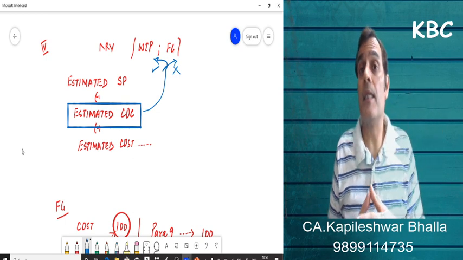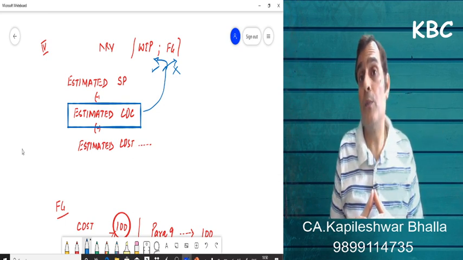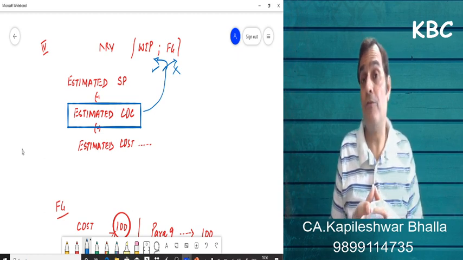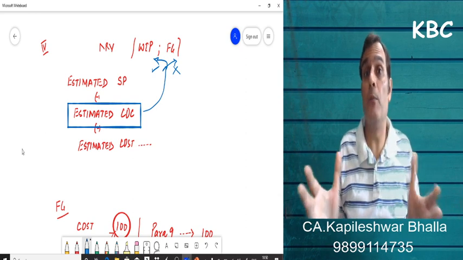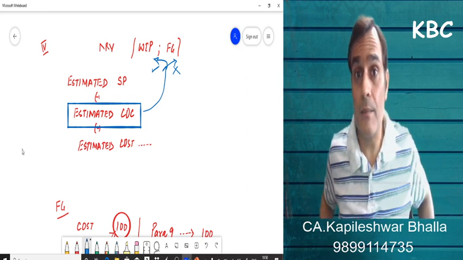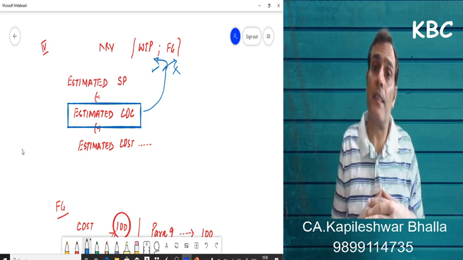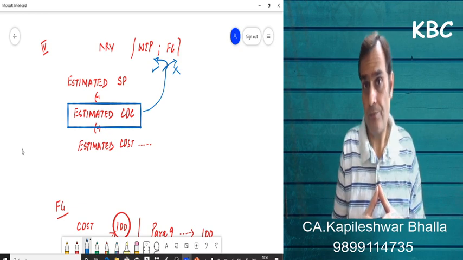The estimated selling price is always for the FG, whether you're taking NRV for WIP or FG. I know many students at times tend to get confused, and they believe that when you're taking the NRV of WIP, we need to consider the estimated selling price of WIP. Well, there cannot be an estimated selling price of WIP because that's semi-complete goods.